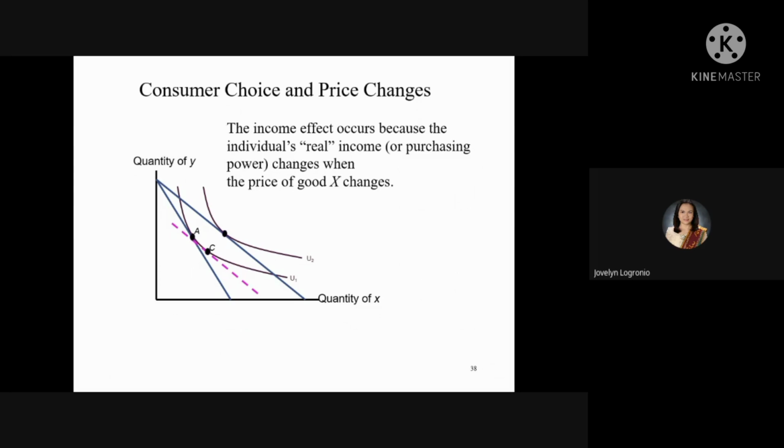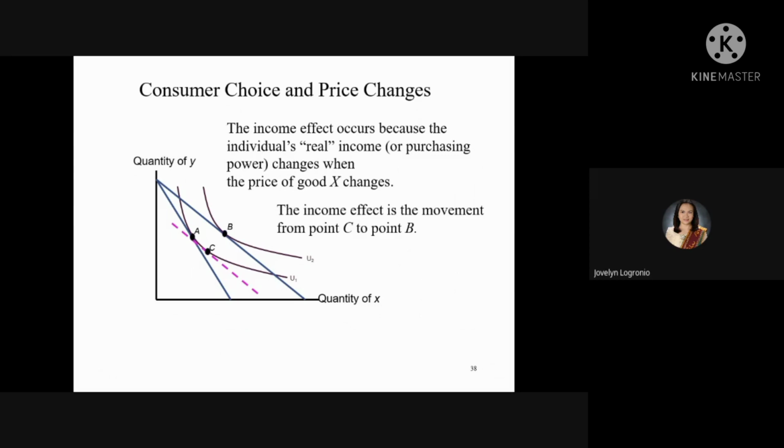So along the new budget line, we can create a hypothetical new optimum point. So let's say point B. Point B is the new optimum point as the price of good X decreases. And how can we illustrate the income effect?